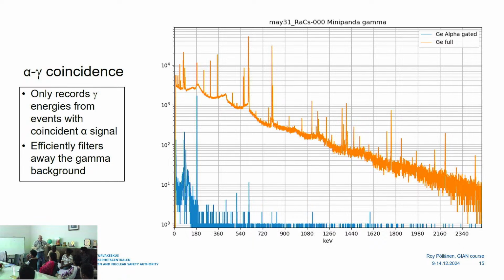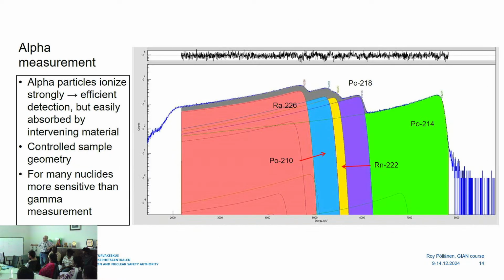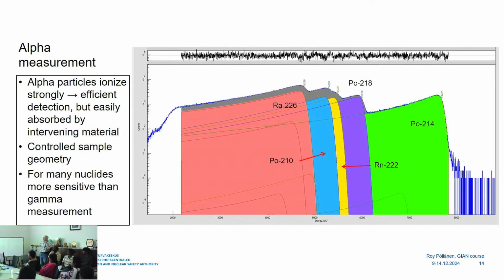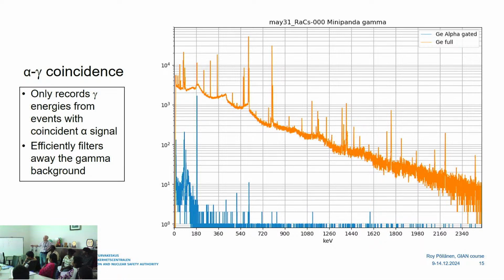I don't remember exactly because personally I didn't do this measurement, but I guess that radium and cesium emit betas, and also low energy gammas or practically X-rays.